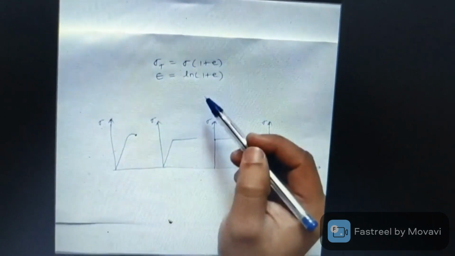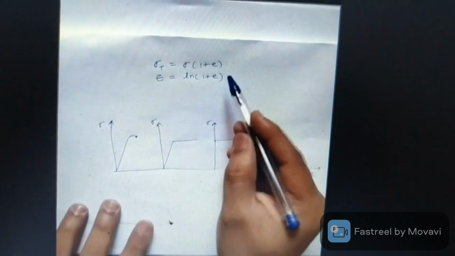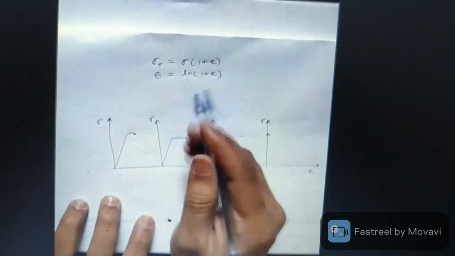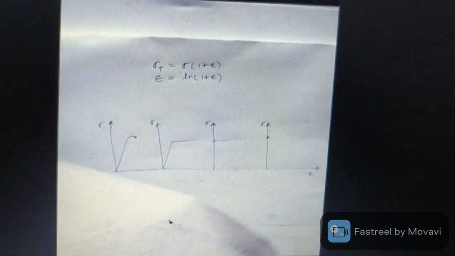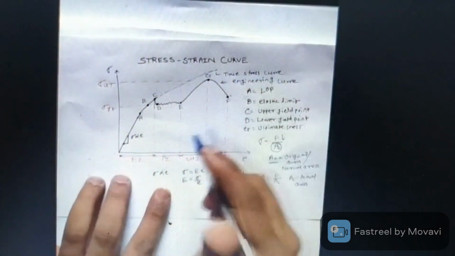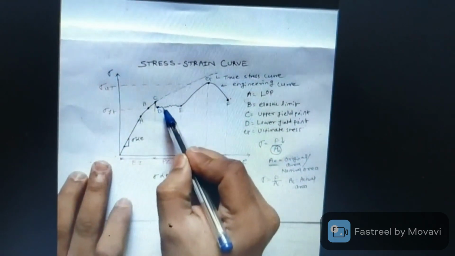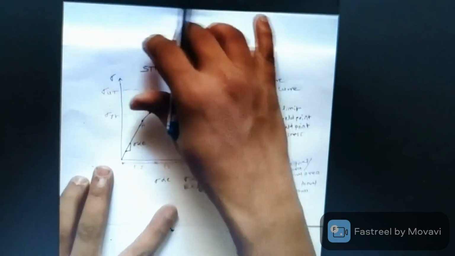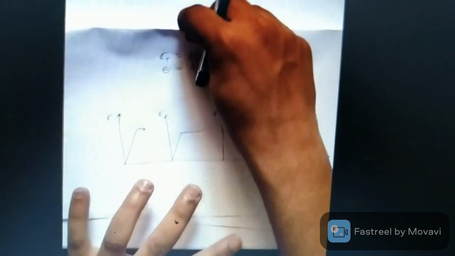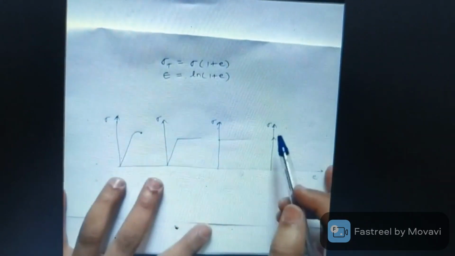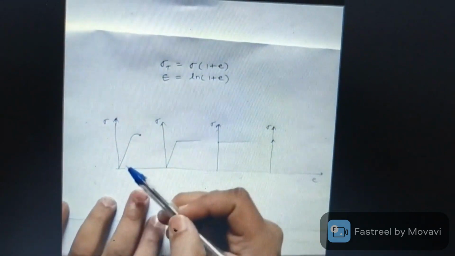Now, the curve which we discussed earlier was for low carbon steel or mild steel. If we see here, it has an upper and lower yield point. For all materials, the upper and lower yield points are not significant, and we cannot differentiate between them.